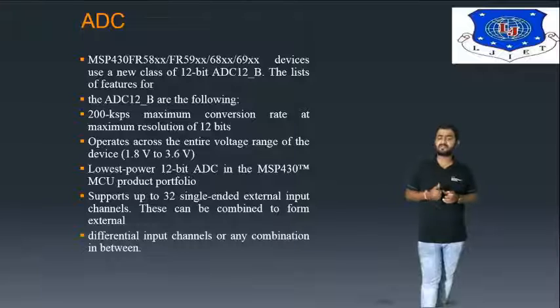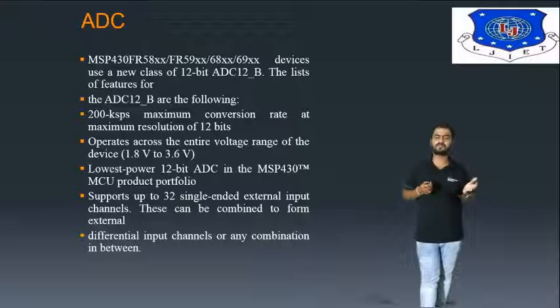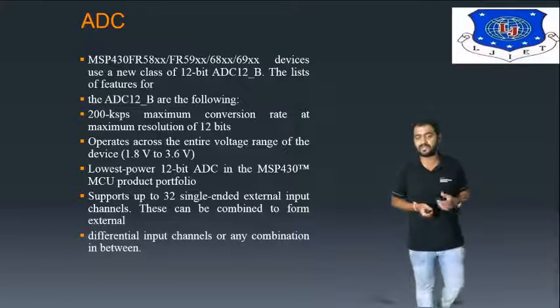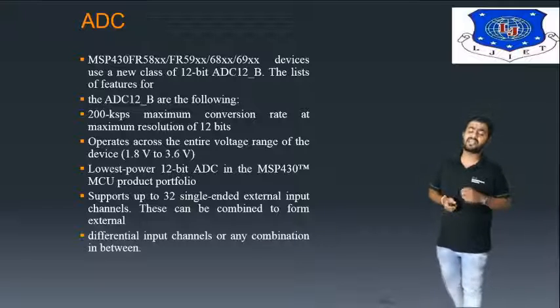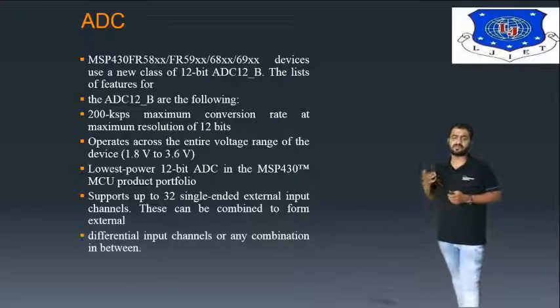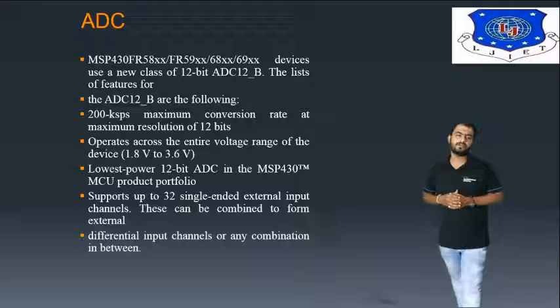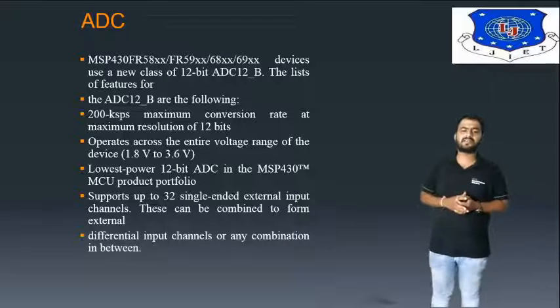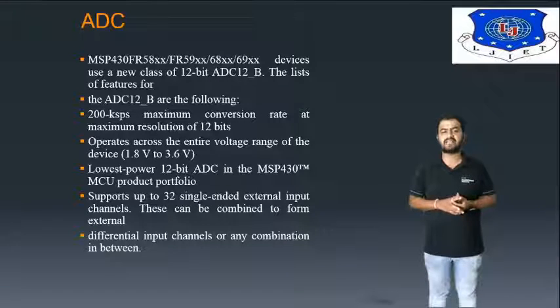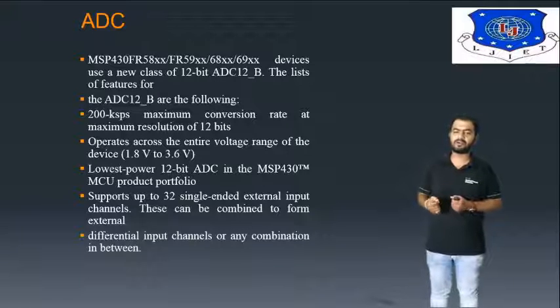Now we're talking about the different types of peripherals. As you can see, we are talking about the ADC. The ADC is one of the most popular concepts, with which you can connect any analog circuit, any analog peripherals, or any analog sensor with the MSP430. The MSP430FR58, 59, 68 or 69 series have a 12-bit ADC, the ADC12_B. Here we have a 14-bit also.